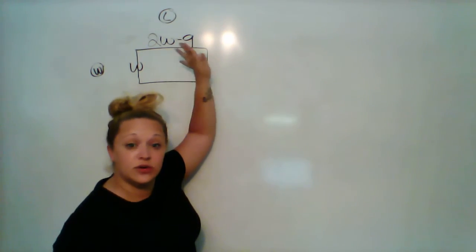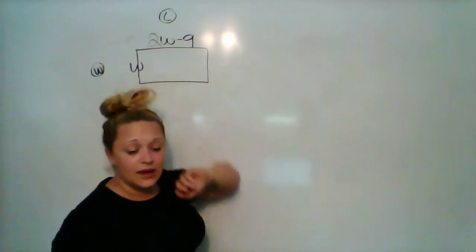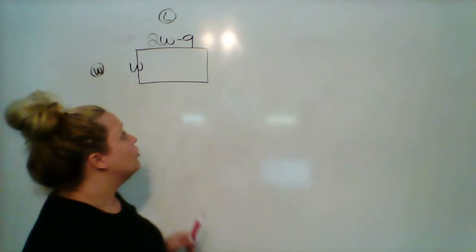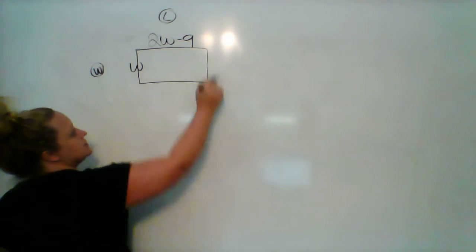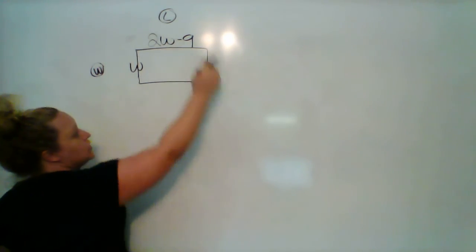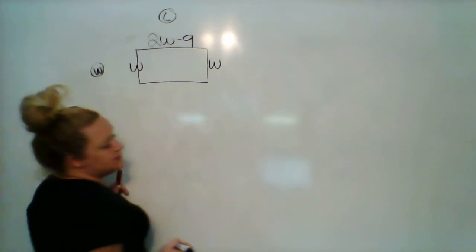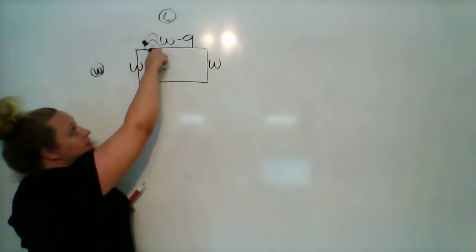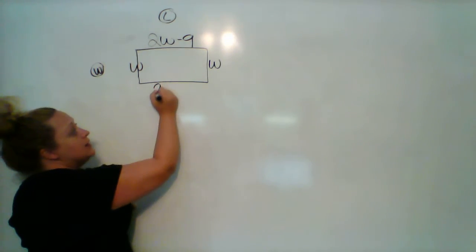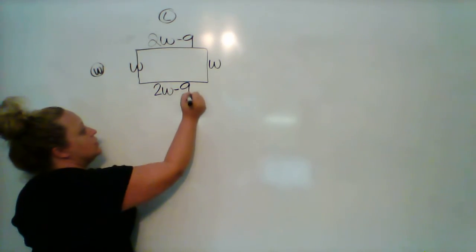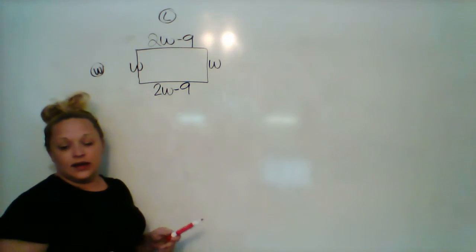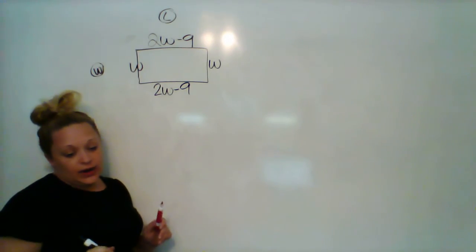So, all we're doing is writing the equation. Now it says to find the perimeter. Well, perimeter is the distance around. Well, if it's a rectangle, if this side is W, this side is W. If the length is 2W minus 9, then this length is also 2W minus 9. Okay? So let's keep reading.